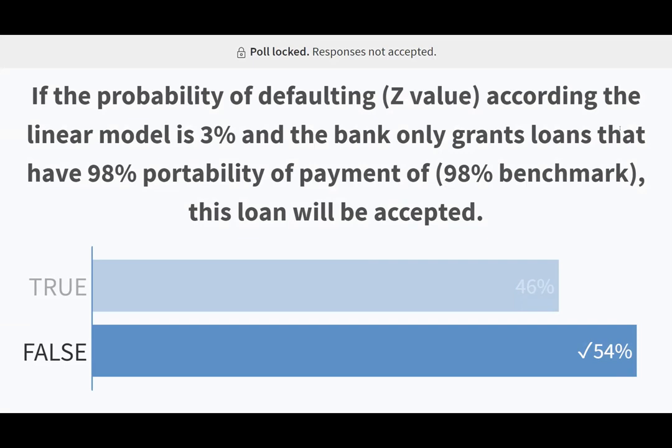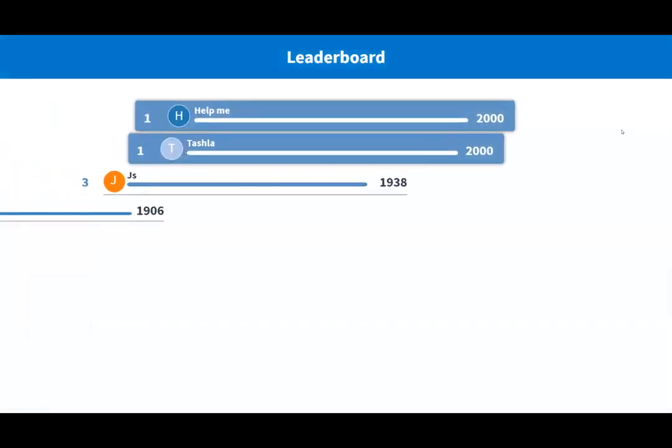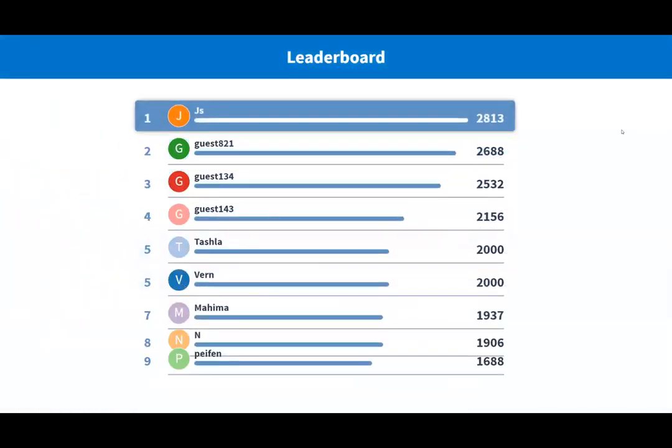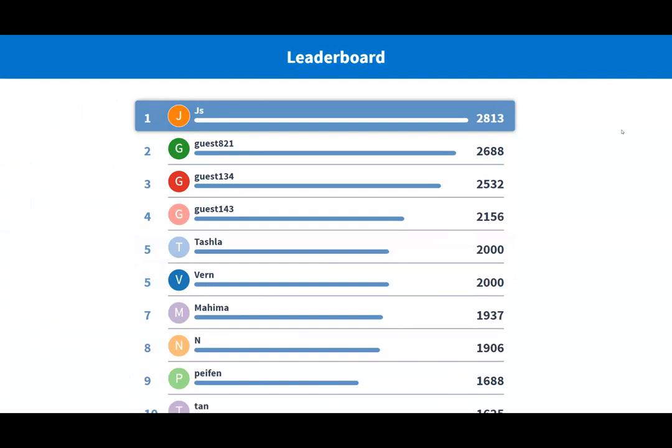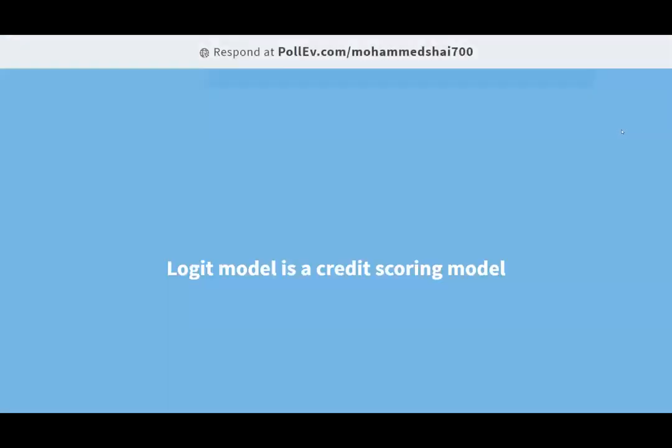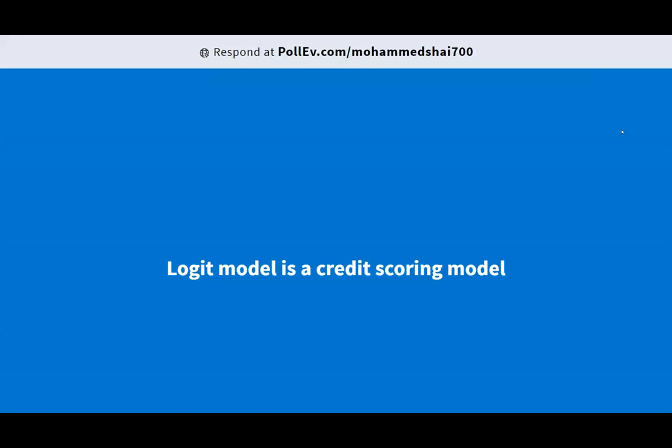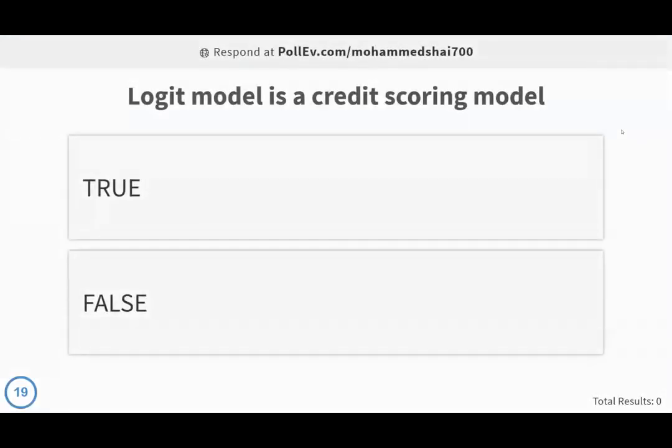I don't know why you missed it. This is according to the linear probability model, not the Altman. I think these guys were very careful, they thought it's the Altman. This is just very straightforward.